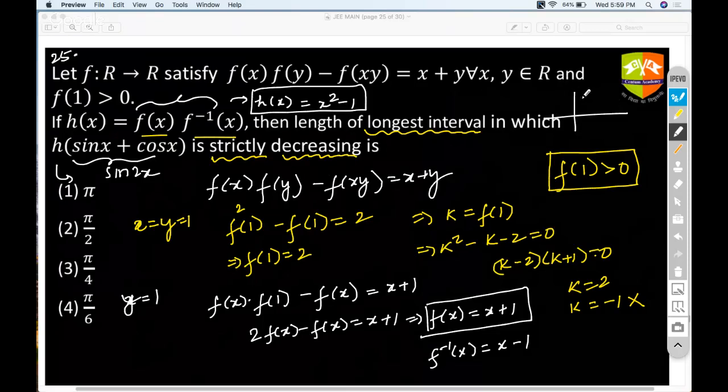So if I just draw the graph of sine 2x, let's say I take this as pi by 4, this will be pi by 2, this will be 3 pi by 4. So the longest interval in which you will find it decreasing will be, let's say I take an example, 3 pi by 4 to pi by 4 interval. That's going to be of length pi by 2 itself. So option number 2 is going to be correct in this case.